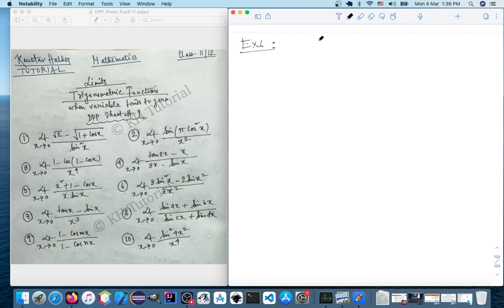Problem number 6 says limit x tending to 0, 3 sin square x minus 2 sin x square divided by 3 x square.